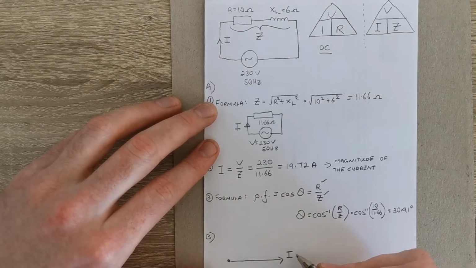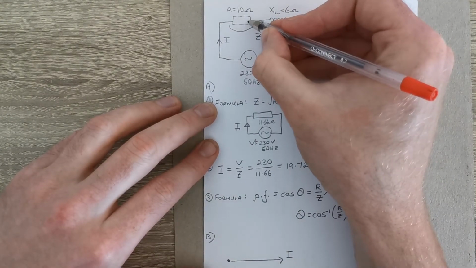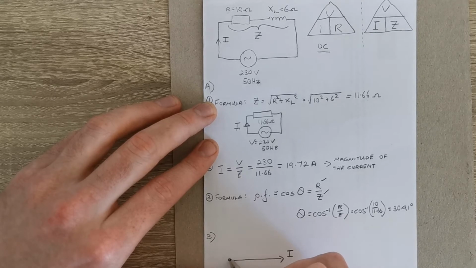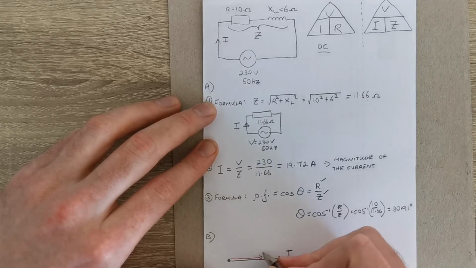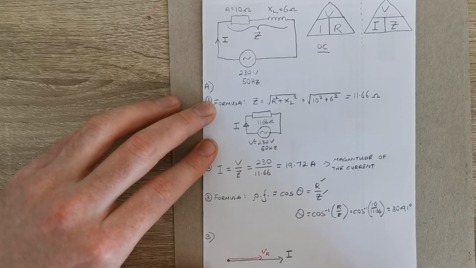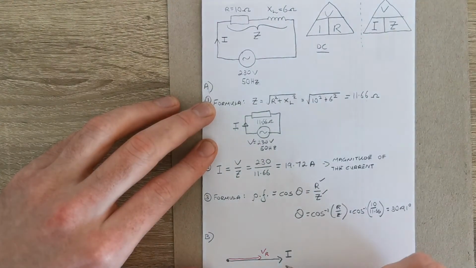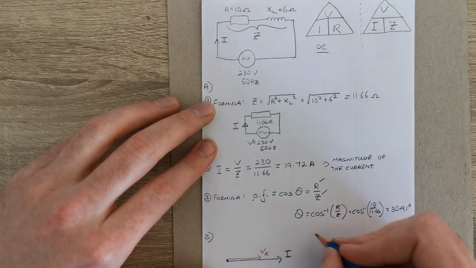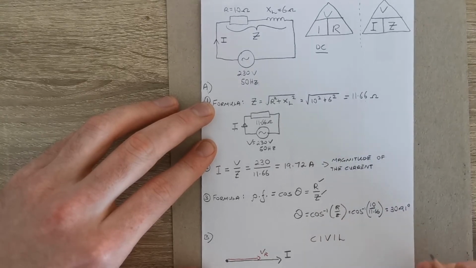And we know that the voltage and current in a resistor are in phase, so we can draw those on the same angle. That would be VR. Now, how do we work out if the current lags or leads the voltage in an inductor? Again, if you go back to your notes, you'll find the relationship using the CIVIL rule.